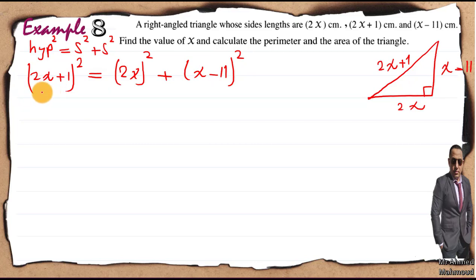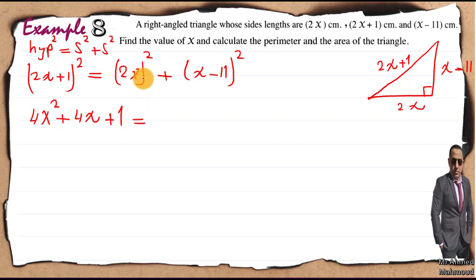I'm going to expand the brackets. First power of 2, 2x all power of 2 equals 4x power of 2. Second power of 2, positive 1. And 2 times first times second, 2 times 2x times 1, 4x.